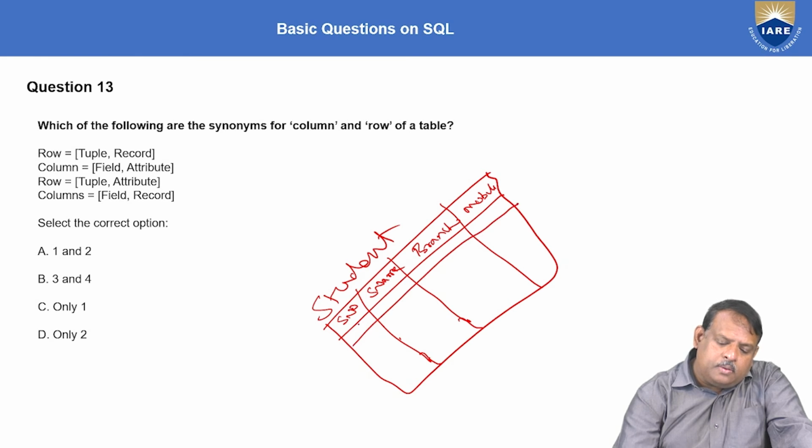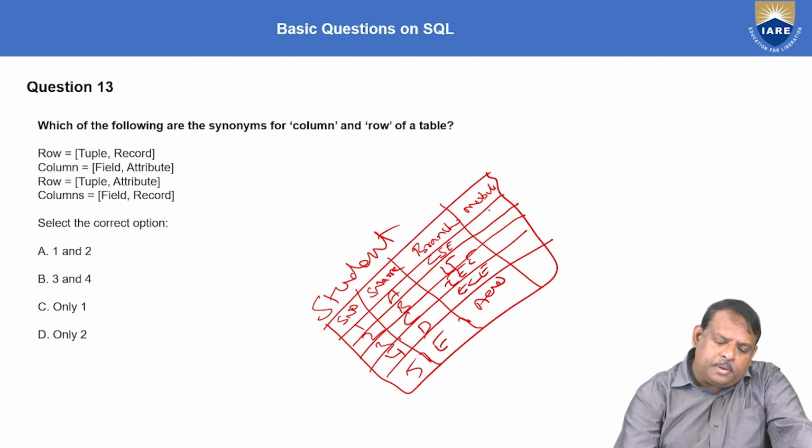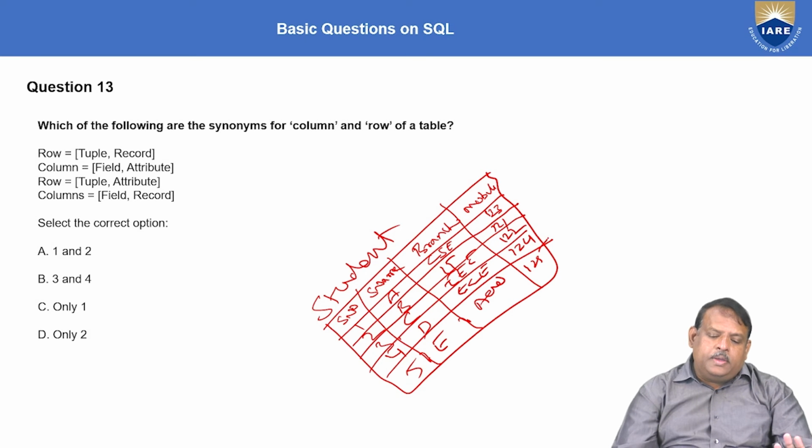Now see here: 1, 2, 3, 4, 5. A, B, C, D, E. CSC, IT, EEE, ECE, Aero. Mobile numbers 121, 122, 123, 124, 125. Okay, this is a table.